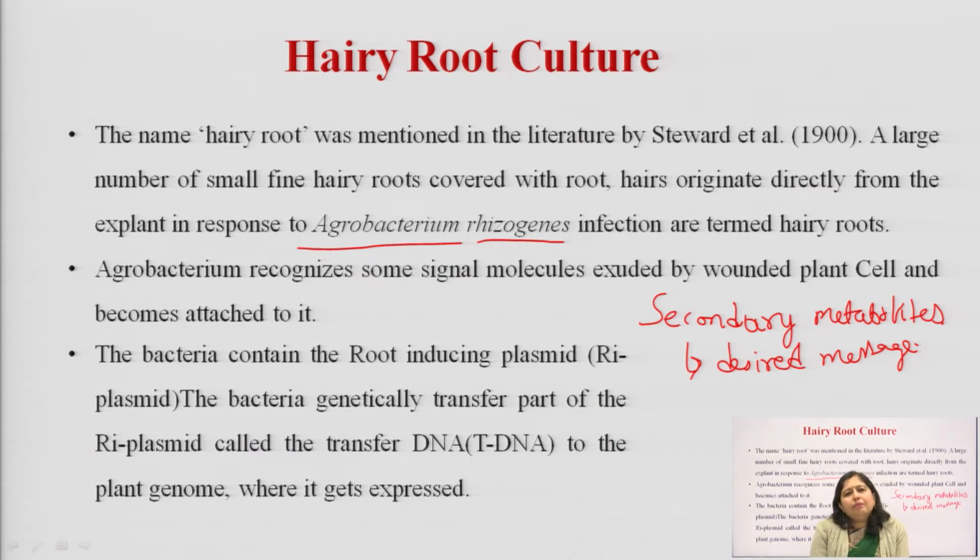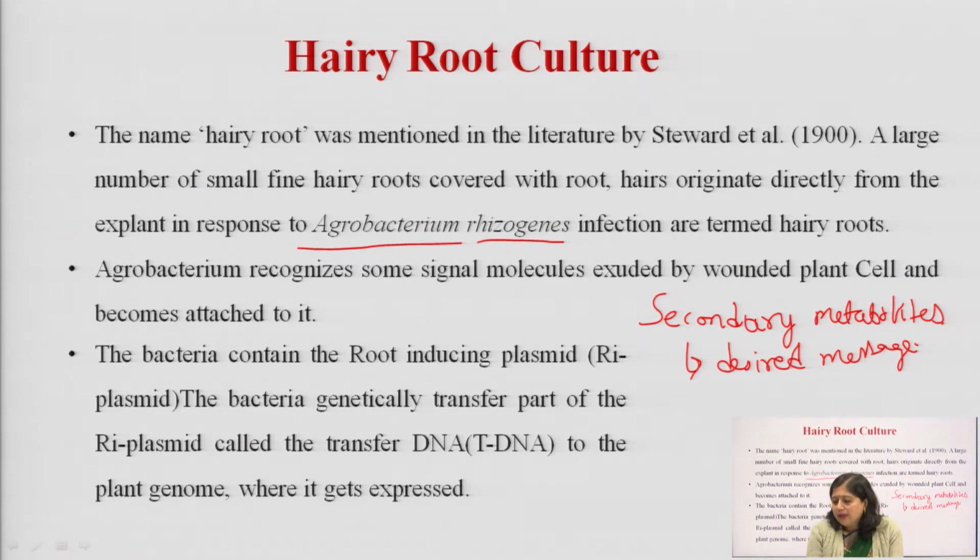He found that the bacteria had invaded the plant cells and was able to send its message into the plant cell using a specific type of plasmid which it contains, known as the RI plasmid. This led to his curiosity, and he performed the entire study and tried to imbibe a few messages into the RI plasmid of the bacterium and transfer that message into the plant cell, and he was successful in that. This is how the hairy root culture was initiated.